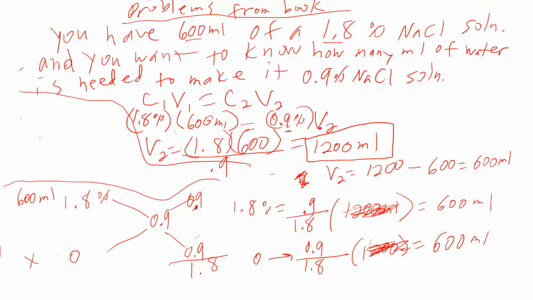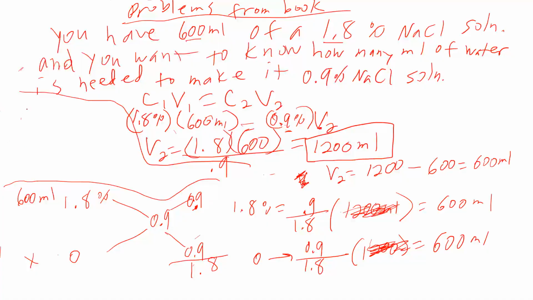Okay, so all you have to do, if you know the volume of one but you don't know the volume of the other, that's okay. So we know that there's 600 mils of the 1.8%, and we know that it's 0.9 parts.